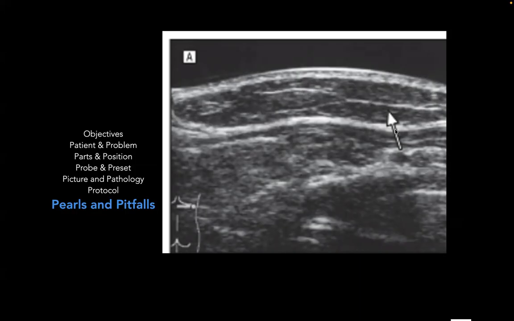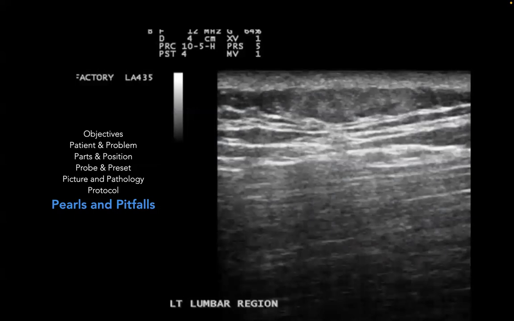This bright white line surrounding this very superficial lipoma is the lipoma's structure that we can see here. This is another appearance of a lipoma that's surrounded by this bright white area.